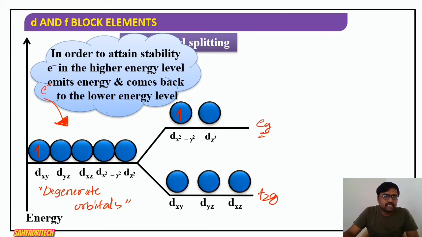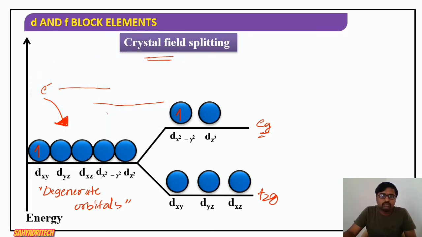So what we are saying is, in order to attain stability, the electron in the higher energy level emits the energy. It gives out the energy, or I can say it emits the energy, and comes back to its lower energy level. The electron is excited, but is it stable in the excited state? No. So whatever energy was taken by that electron will be given out.